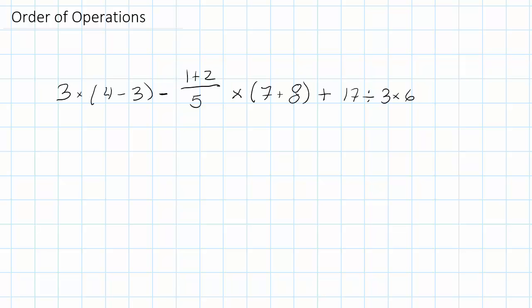All right, so let's say we have some long, complicated expression, something like this. This is a long, complicated expression, and I'm not even going to try to read the whole thing out. But when we look at this, we need to decide what to do first.